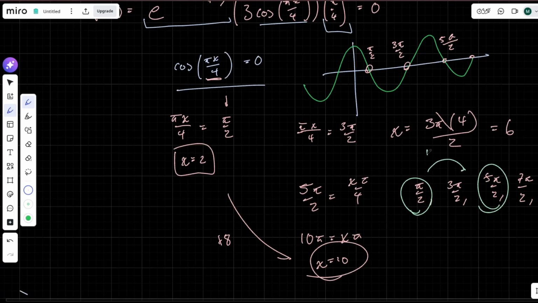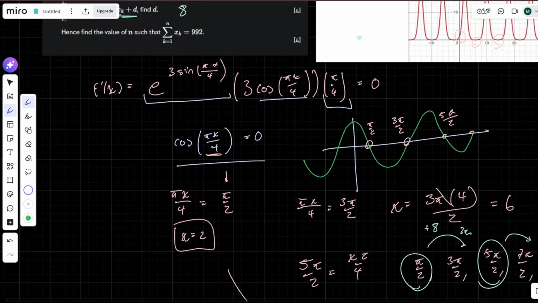Well, it is literally just that we're adding 8 to get between them. The gap that we have physically between these two is 2 pi, but our adjustment is pi over 4, so it's the period divided by pi over 4, and then that just gives us 8. So that's why we're getting that regular increase.